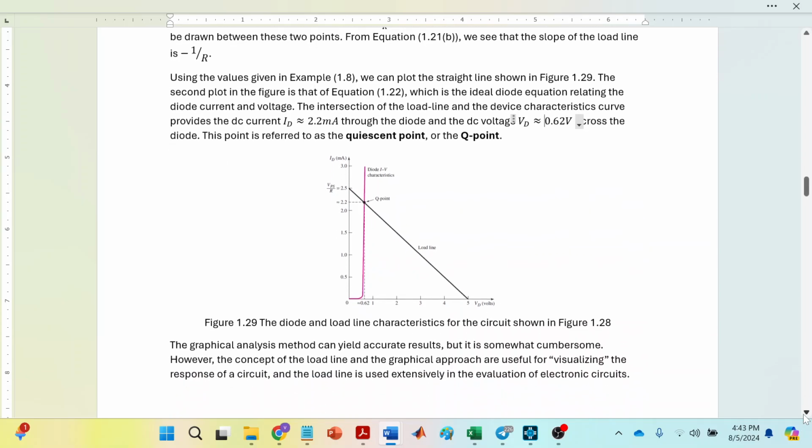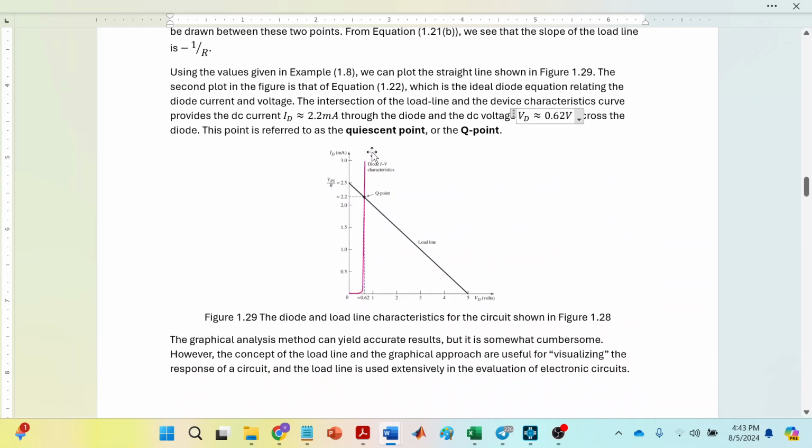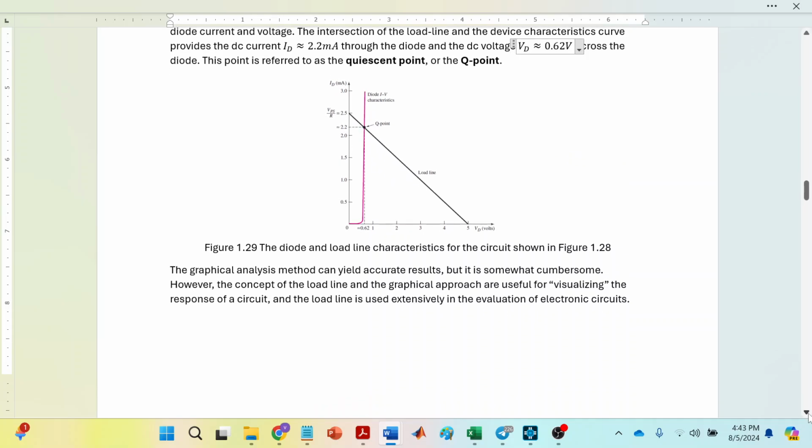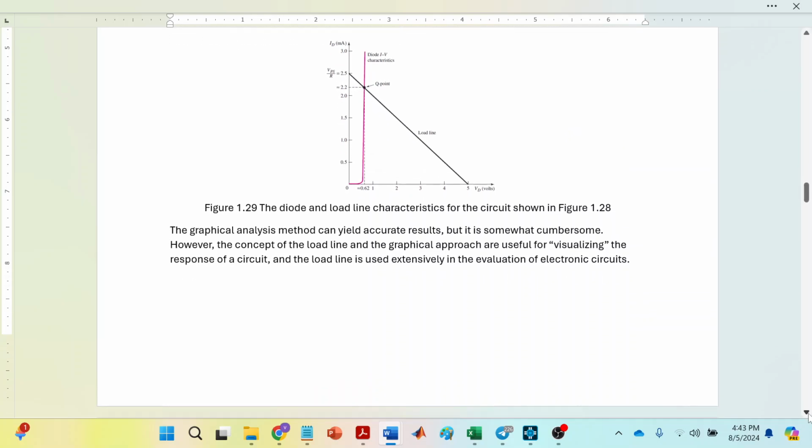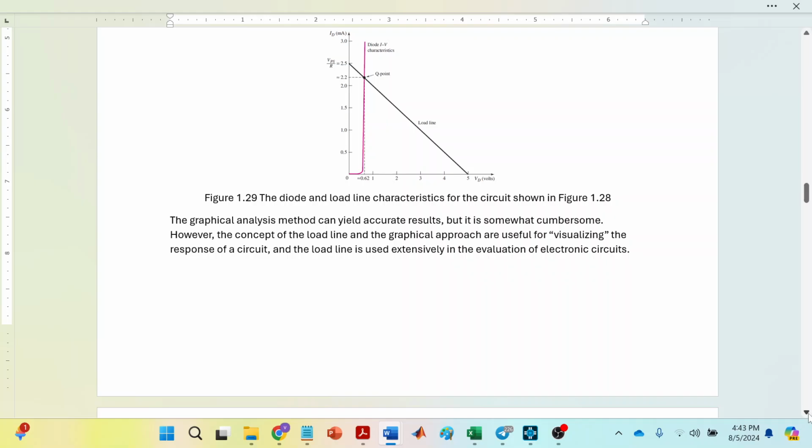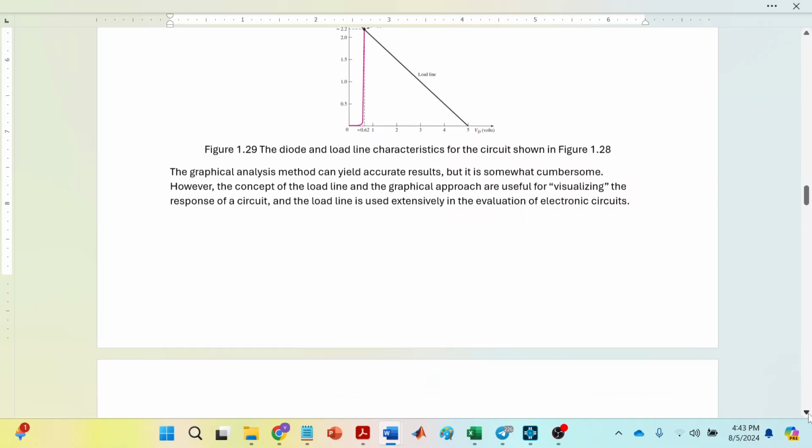So we are simply plotting the IV characteristic curve and the load line, and the point of intersection gives you the values we are looking for. The graphical method yields accurate results, but it's not really very straightforward.